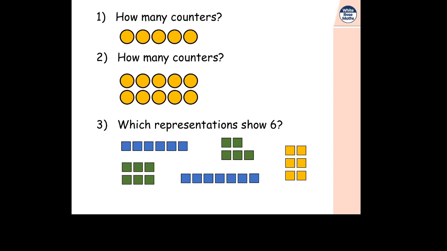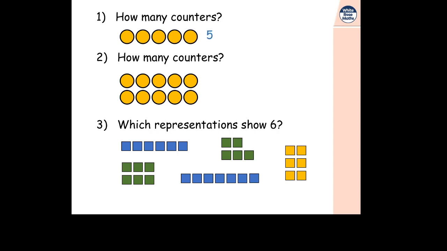Okay, so first of all, question 1, how many counters are there here? Question 2 is how many counters now? What can you tell me about the number of counters now in number 2 compared to number 1? And then which shows, for question 3, which representation shows 6? So which ones show 6 squares?